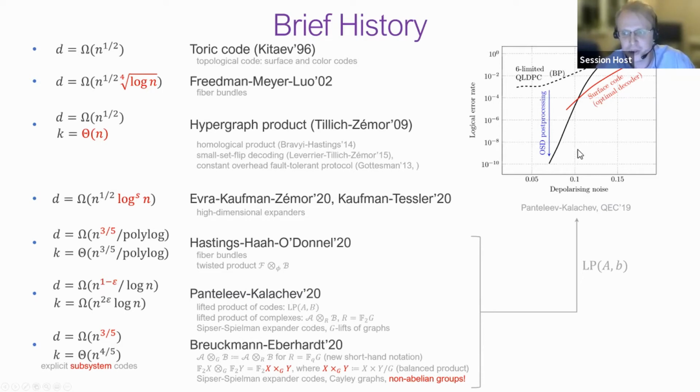We showed in this paper that using a special decoder called BP-OSD, this class of codes can be efficiently decoded on depolarizing noise, and you can even beat the surface code, even if it is decoded using an optimal decoder, the maximum likelihood decoder.